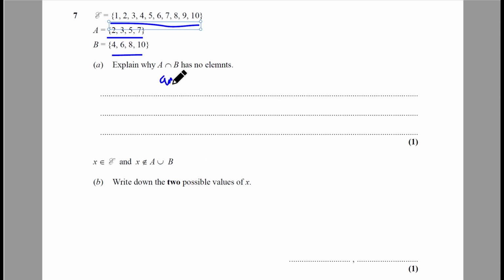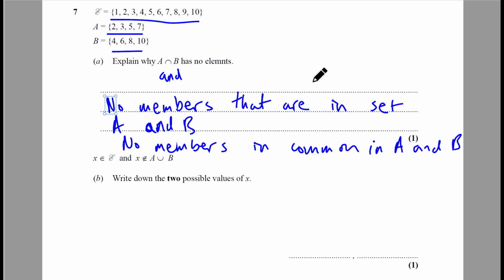They don't share the same number. So that's what you need to write, because none of the numbers are the same, so no number is in both of them. So write that there are no members in both sets A and B, or there are no numbers in common in A and B. If they did, then A intersection B would have an element.